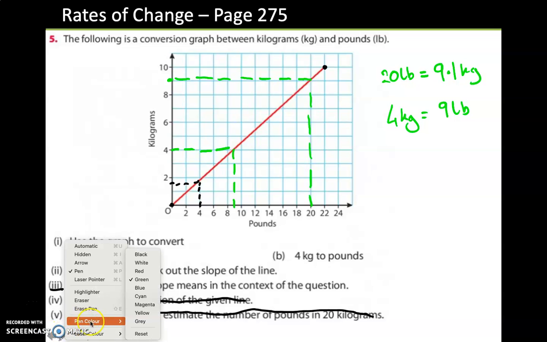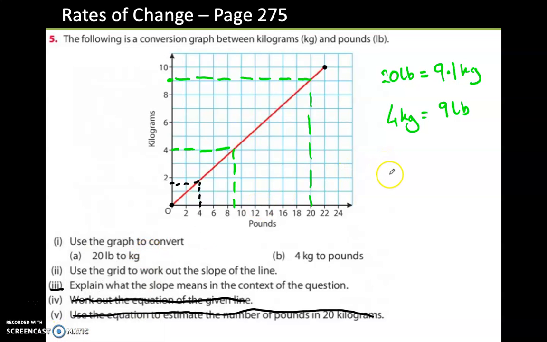So here again, this was part I, and this is II. Here you're going to be using the rise over the run. It's a positive slope because it goes up from left to right. The rise, we can just take the boxes. The great thing about the rise is that each box on the y-axis actually stands for 1 kilo.